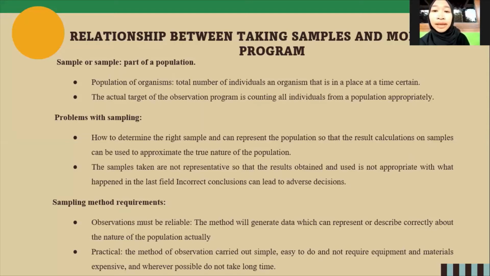Problem with sampling: how to determine the right sample that can represent the population so that the result calculation on a sample can be used to approximate the true nature of the population.